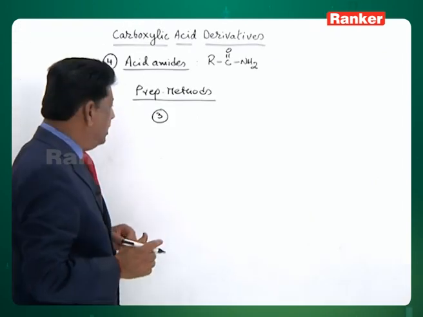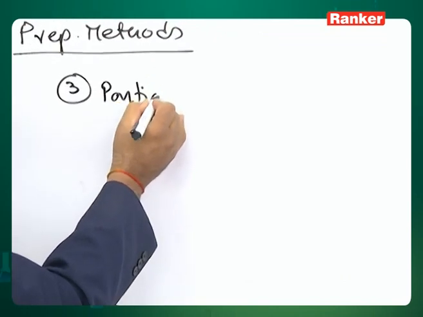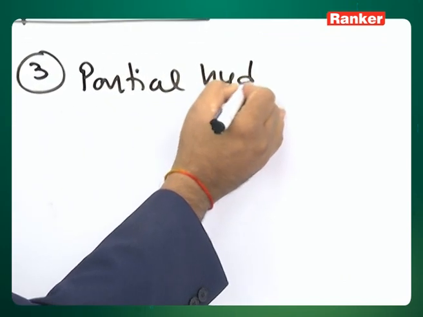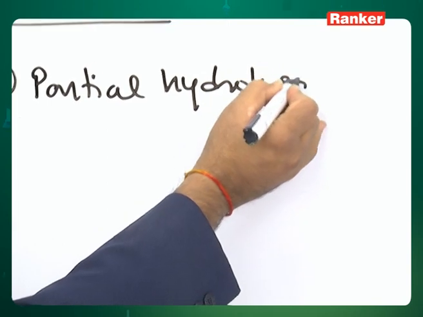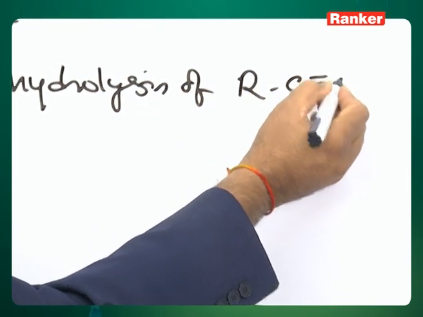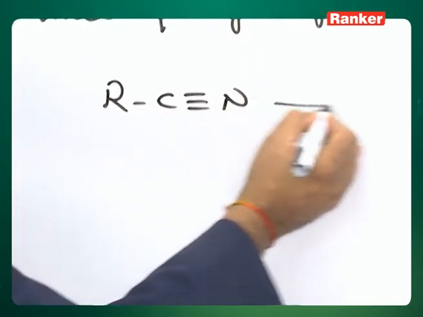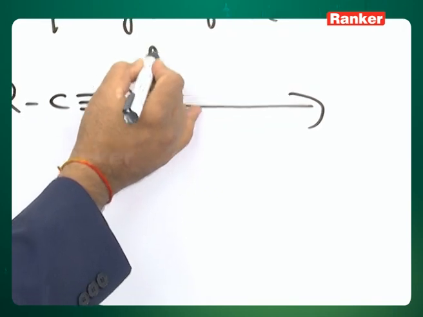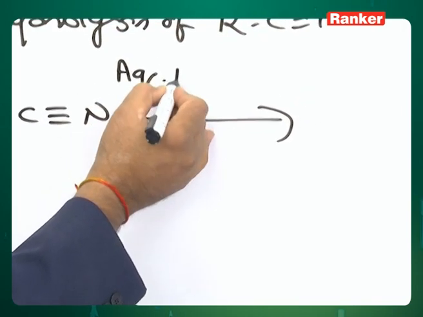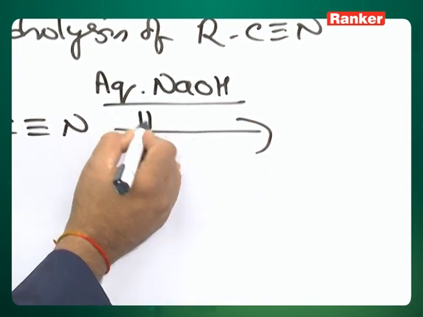Amides also can be prepared by partial hydrolysis of alkyl cyanides. Take the alkyl cyanides, add an aqueous solution of sodium hydroxide in the presence of H2O2.